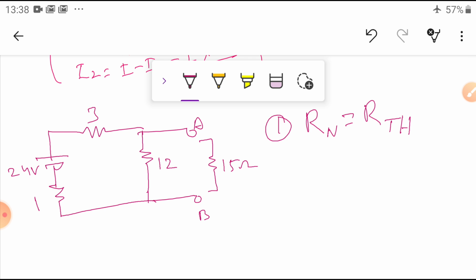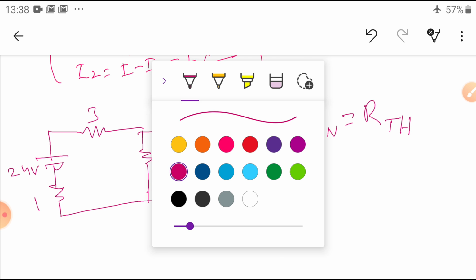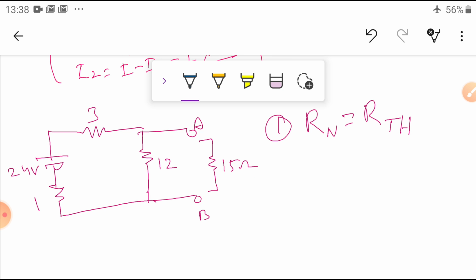The voltage source is removed and represented by its internal resistance. Now the 3 ohm resistance and 12 ohm resistor are connected here, with terminals A and B.